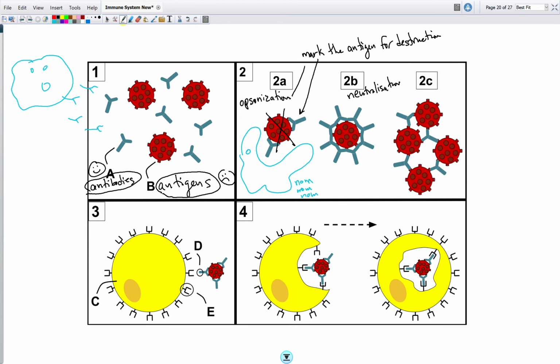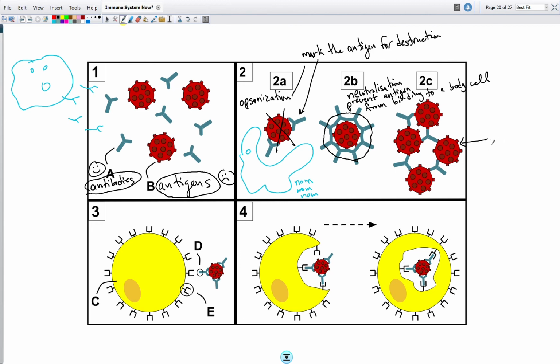Neutralization is when you prevent the antigen from binding or attaching to a body cell. And so if you notice, all of these antibodies here, they're surrounding that antigen. It can't do anything. It can't go anywhere. It's trapped.